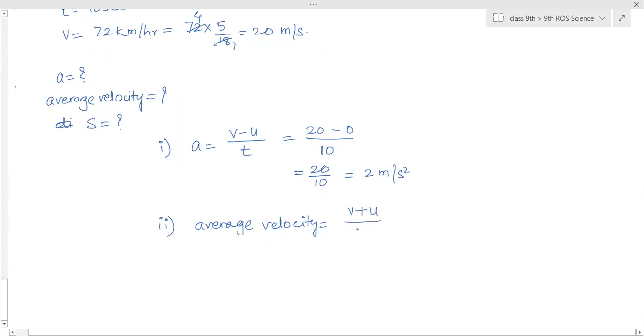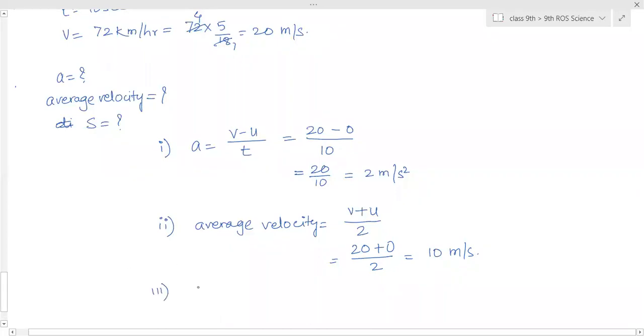Plus, not minus. Sorry, plus. v plus u or u plus v by 2. So when the velocity has changed only once, when there is one velocity change given, we can use this formula. So v is 20, u is 0, by 2, that is 10 meter per second.